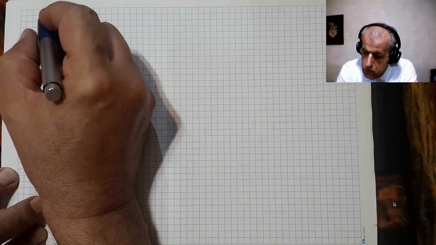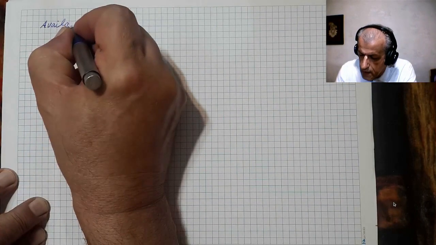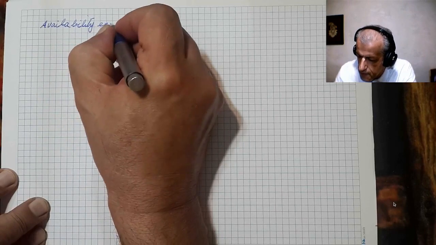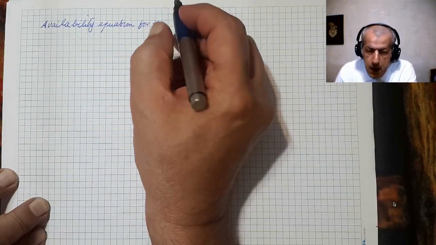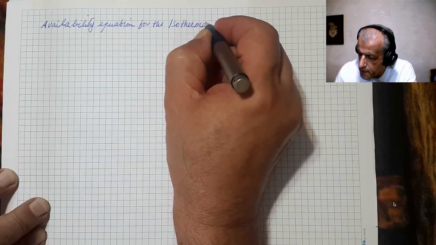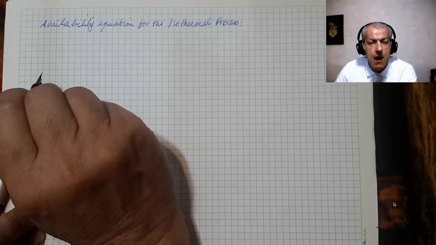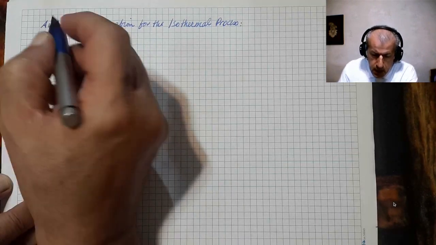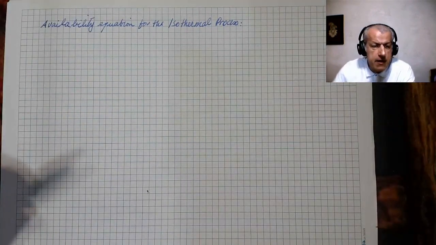So what I want to do now is to write the availability equation for the isothermal process and see how this would balance. And the equation would look like this.